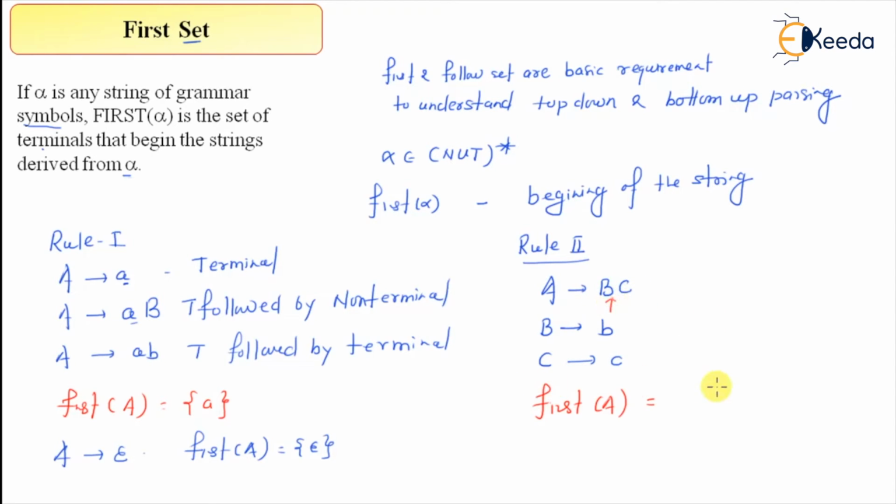First of capital A will be equal to first of capital B, provided first of capital B does not contain epsilon.